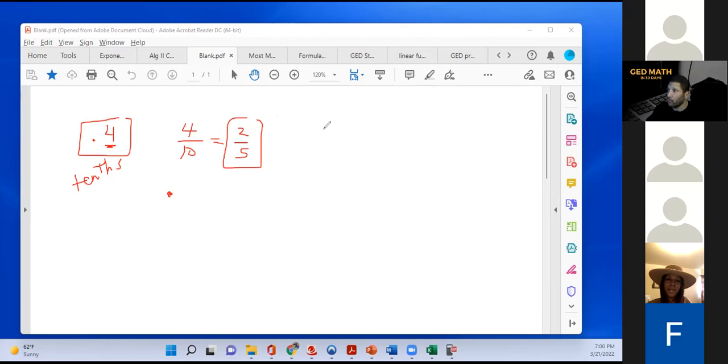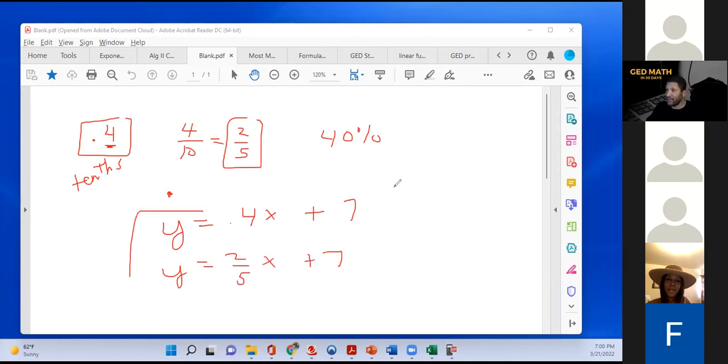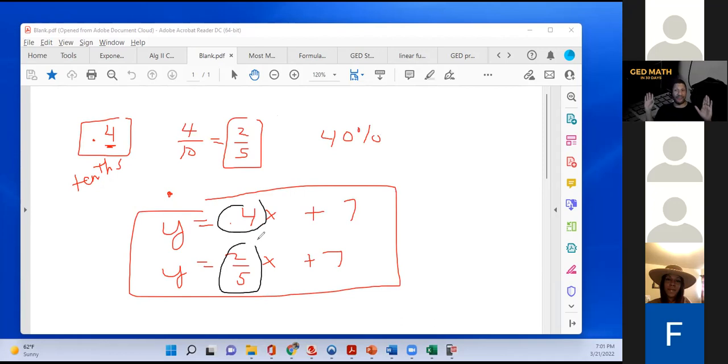40%. So in a linear equation, you could have y equals 0.4x plus 7. You could have y equals 2/5 x plus 7. These are the same exact equation. You have to know that 0.4 and 2/5 are the same thing.